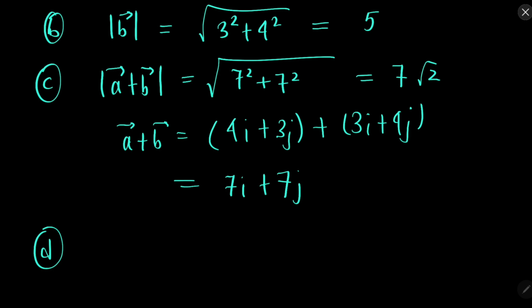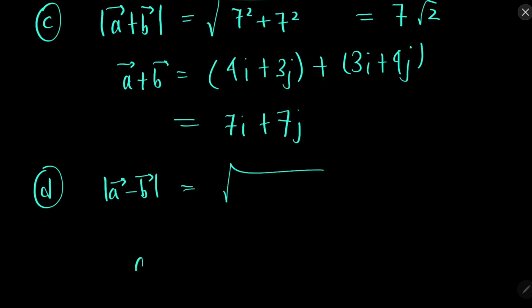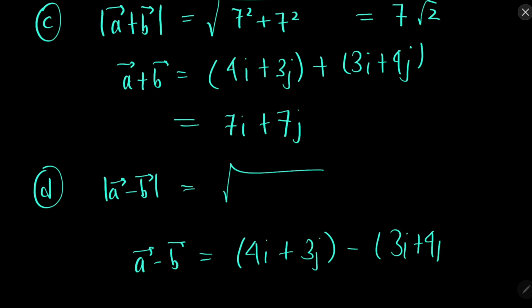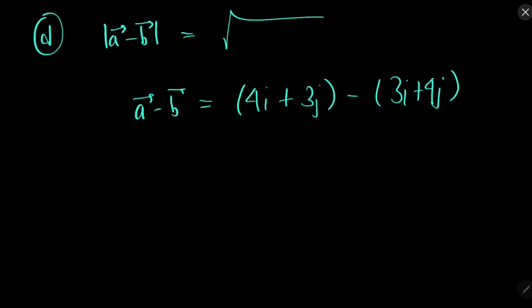And again a minus b, so once you do this, a minus b, we will have 4i plus 3j minus 3i plus 4j. So it will give us 1i minus 1j.